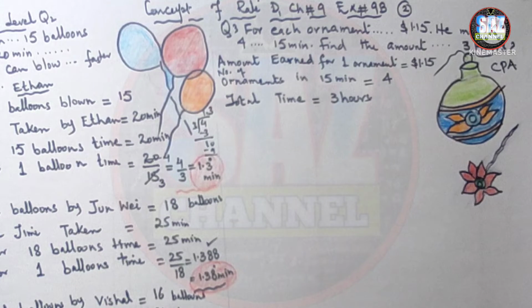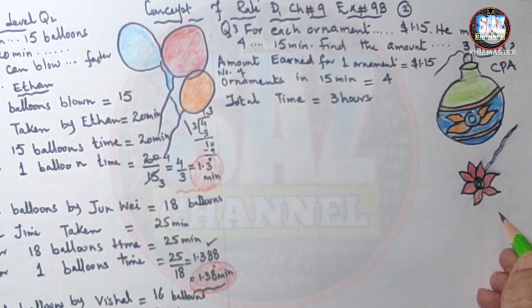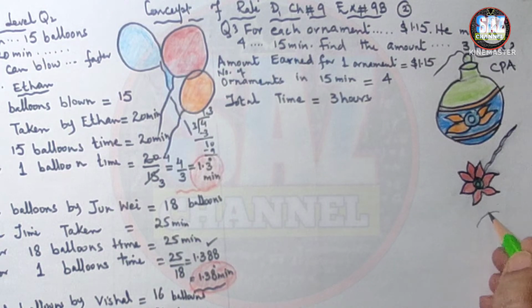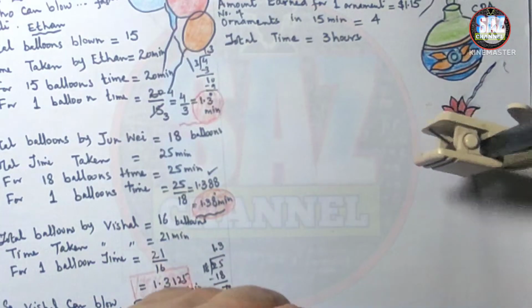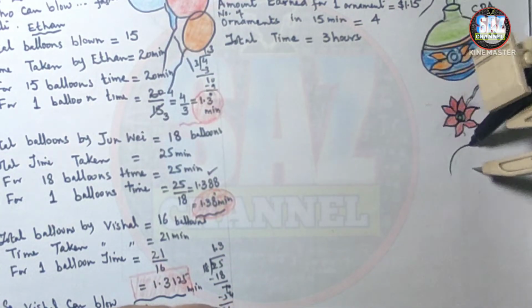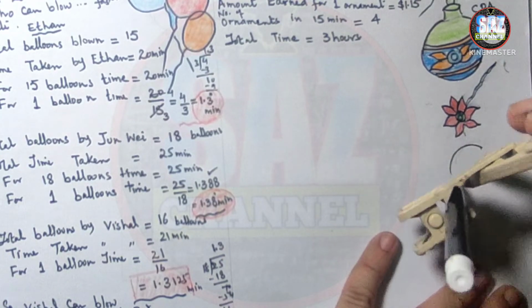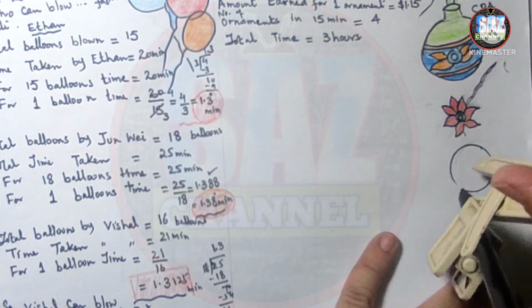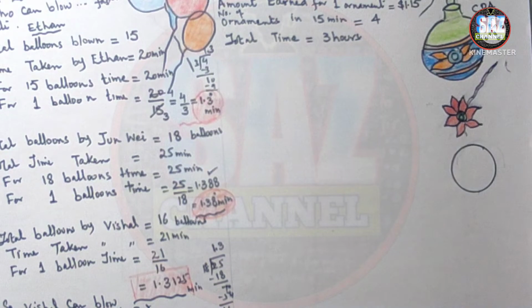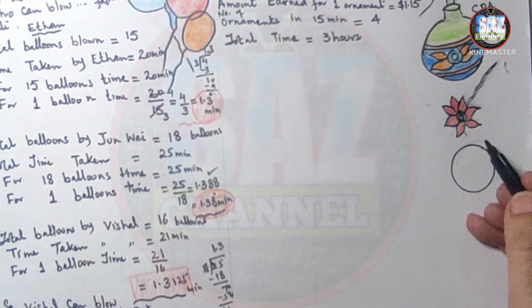So let's try to understand the question through some diagram. Let me make a clock face to give my students the idea of 1 hour. Let me fix the compass. Now see that in every 15 minutes he is making 4 ornaments.